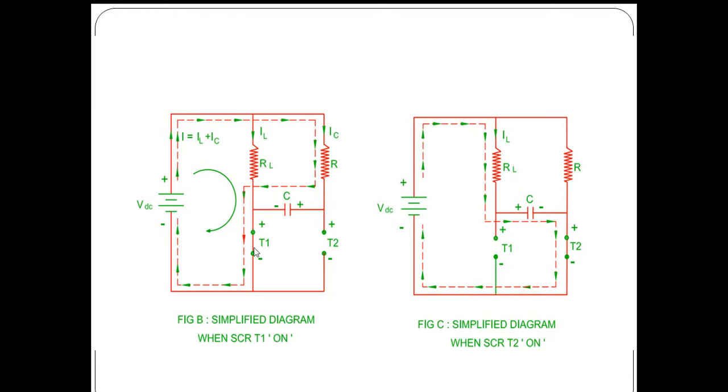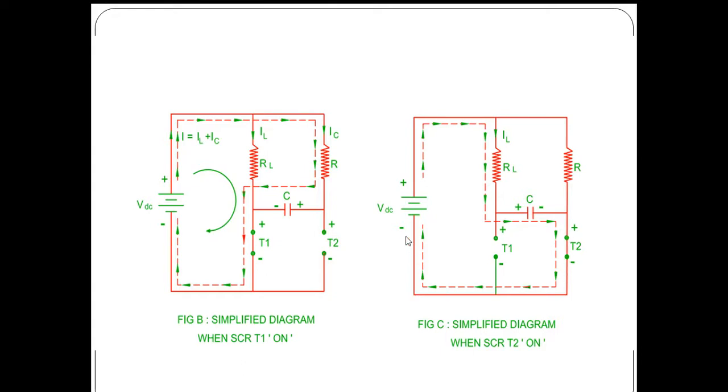when we want to commute thyristor T1, we will conduct thyristor T2. We will trigger thyristor T2. So whenever T2 is in conduction, the supply will appear across the load in this closed path. So the current will be flowing in this closed path.